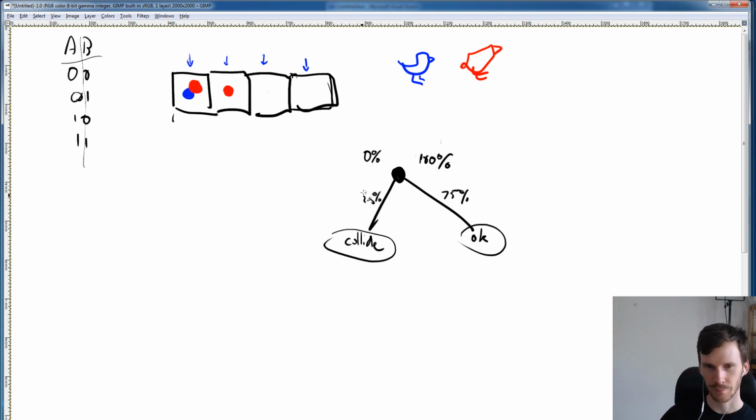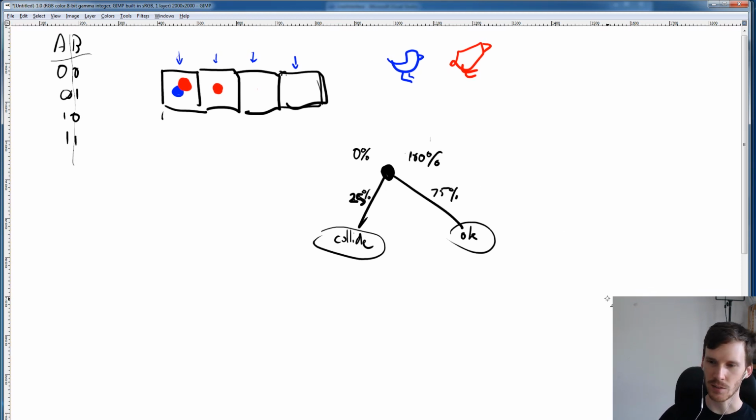Let's draw that a bit better. Where it gets a little bit interesting is, now we want to insert pigeon number 3. He could end up anywhere here, or here, or here.